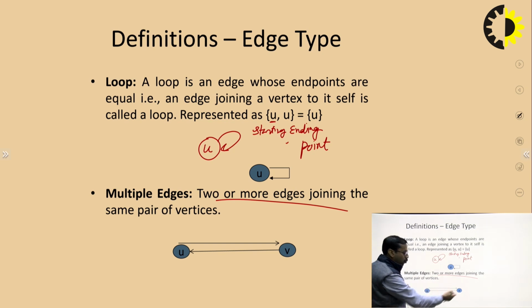Let's suppose there are two points u and v, and there is a connection between u and v in more than one way. There is more than one link in this structure, so it is called the multiple edges concept.